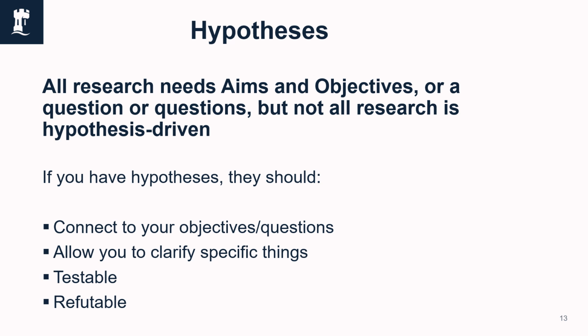And more broadly, they should adhere to the general rules about hypotheses. Hypotheses need to be things that you can truly test, and to work from the scientific perspective, they need to be something that's refutable. You need to be able to refute them for them to be truly useful within the context of a research project.